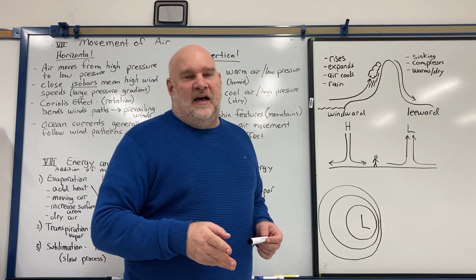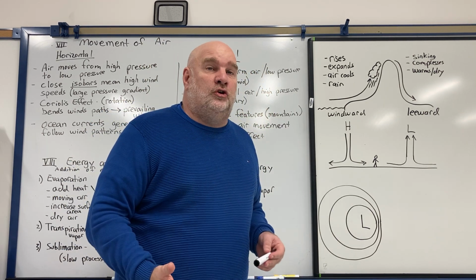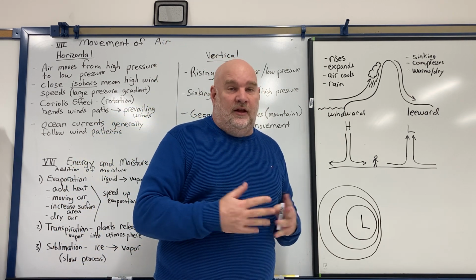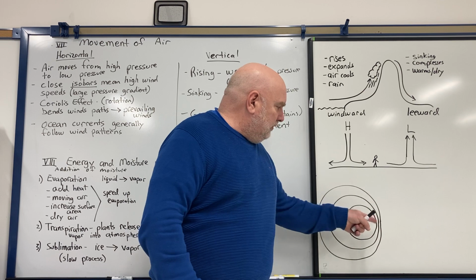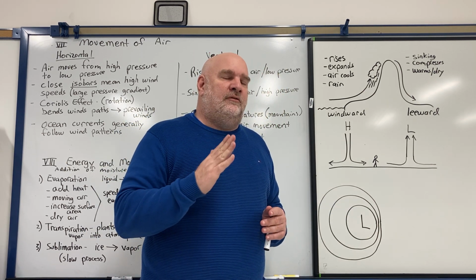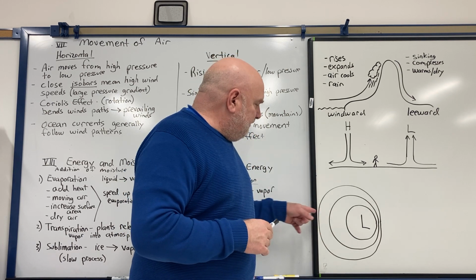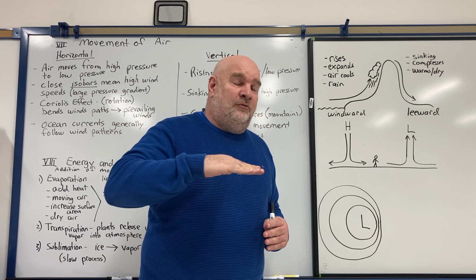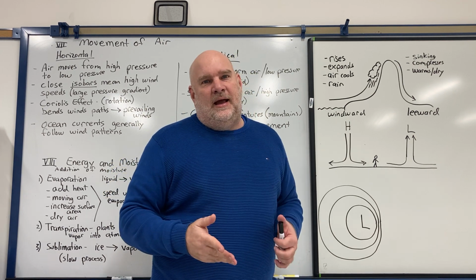The significance of that is that it tells us what the pressure gradient is. Just like when we were doing isolines to show hills, if the lines are close together on a contour map, that means there's a big gradient and the land was very steep. Or if the lines are farther apart, that means the land had a small gradient and was pretty flat. Kind of the same idea here.